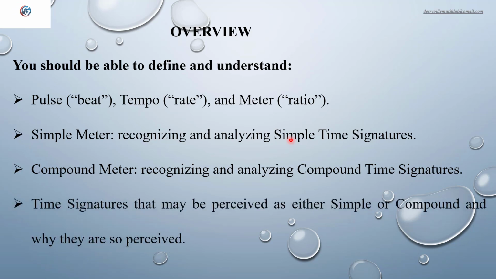And then lastly, you should also understand that time signatures that may be perceived as either simple or compound are as such, and why they are perceived in that way. Okay, so using the time signature table as a tool for graphing time signatures, you can perceive the time signature as either being simple or compound time.